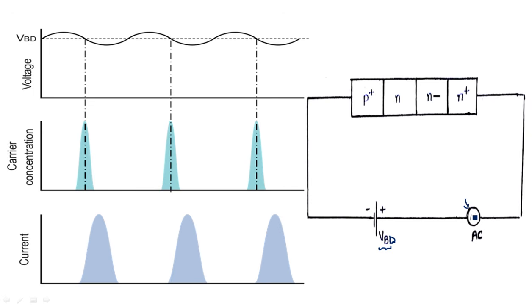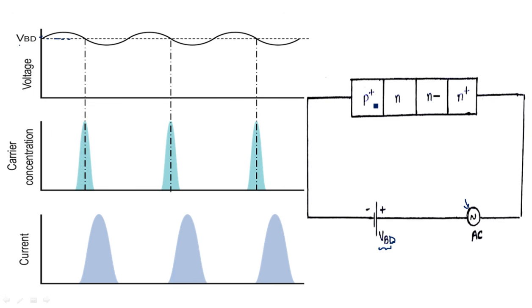This AC voltage is superimposed on this one. Previously the ground of this AC signal was 0, but now the ground becomes VBD, the breakdown voltage. Now the AC signal has positive and negative cycles over the breakdown voltage.